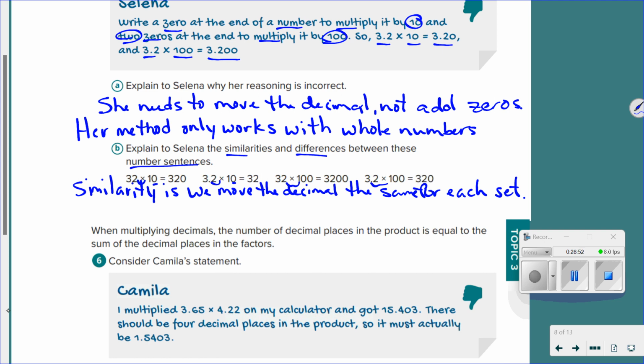So the difference is for whole numbers, I just add a 0. For decimals, I just move my decimal once. Make sense? So difference, whole numbers add a 0. Write this on your paper, guys. Decimals, you move the decimals.